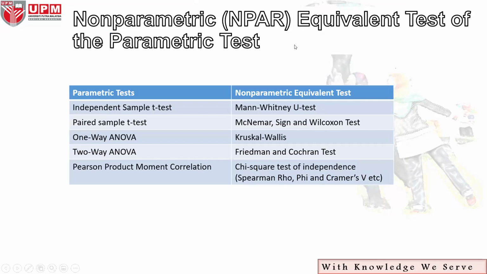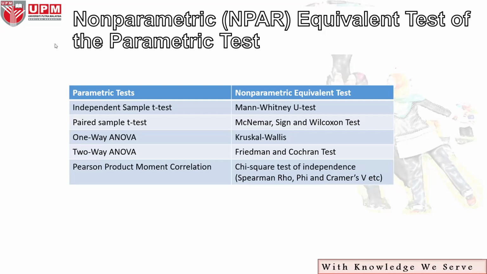Okay, this is the non-parametric equivalent of the parametric test. This applies in the case where, from the very beginning of your study objective, you set out to use the parametric test, but after you run the normality test, it does not meet the assumption of normality, or even after you do the transformation it does not meet the assumption of normality.